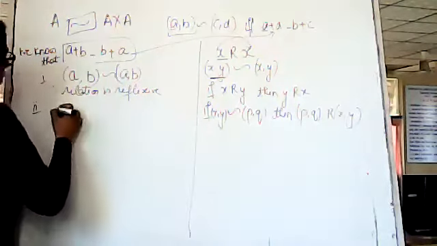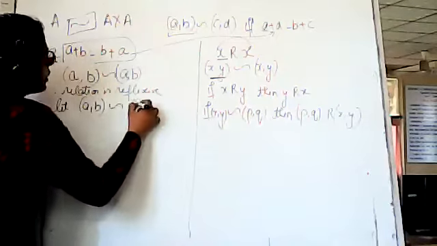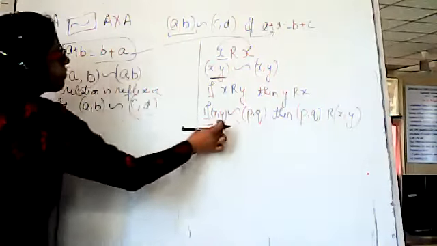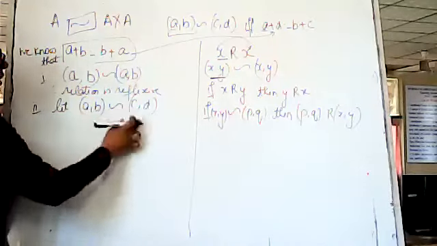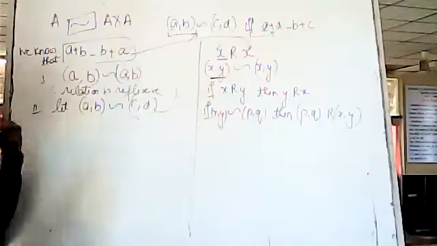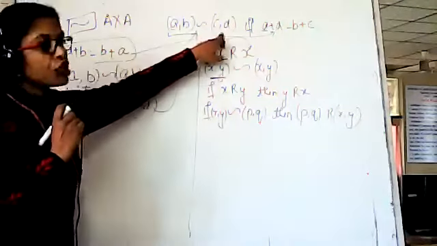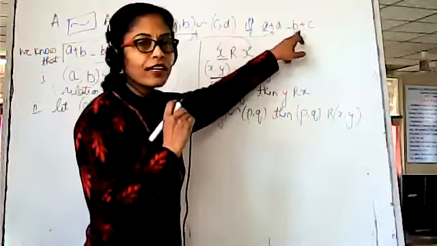So let ordered pair AB be related to ordered pair CD. Again, compare this relationship with this condition; in its place we can write this.